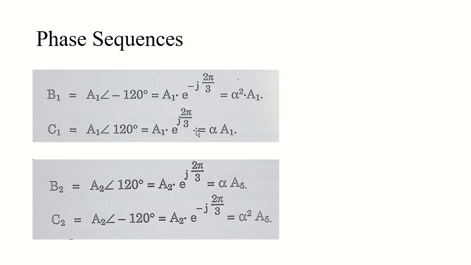Here we wrote e raised to minus j 2 pi by 3 because we had angle minus 120 degrees. You can also call minus 120 degrees equal to 240 degrees as well, so the equation will remain the same for 240 degrees. But for positive 120 degrees, what will happen? You will have A1 e raised to j 2 pi by 3, or alpha times A1.